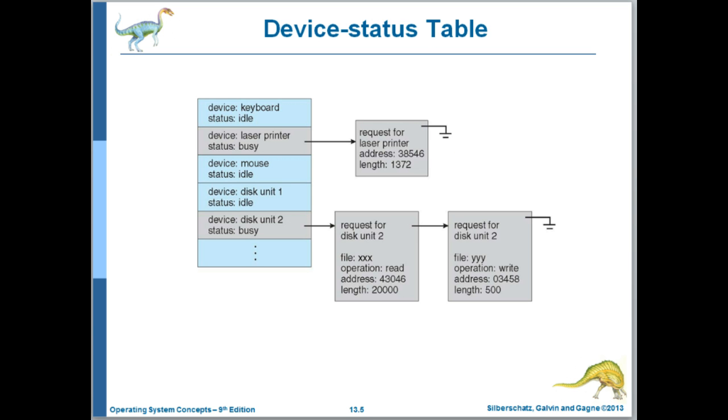So this is what a device status table looks like. One row of this, in a sense, corresponds to the ready queue for processes waiting for the CPU. So these are requests that have been sent through the device driver, through the host controller, and onto the device controller.